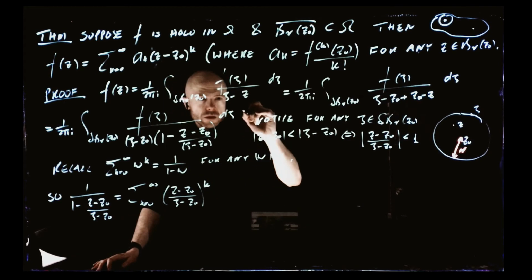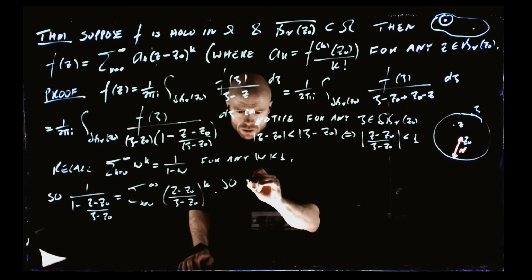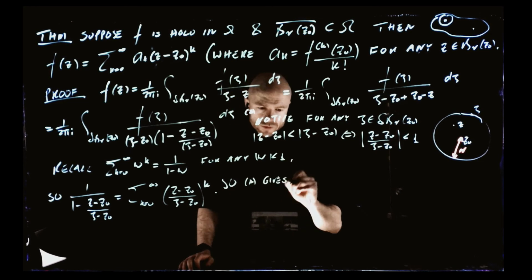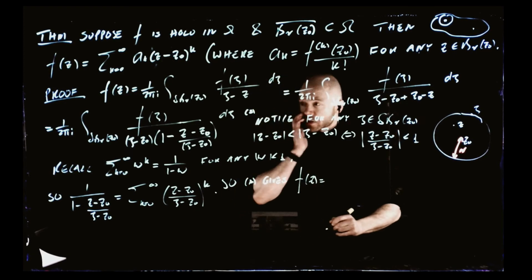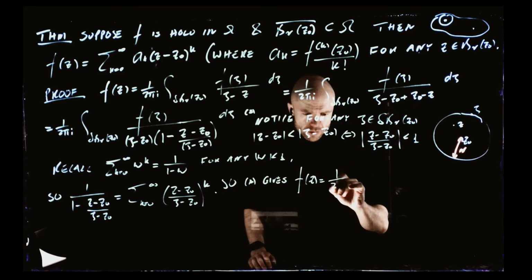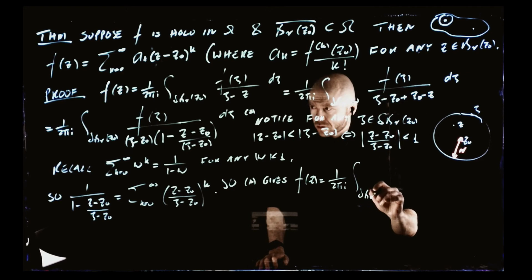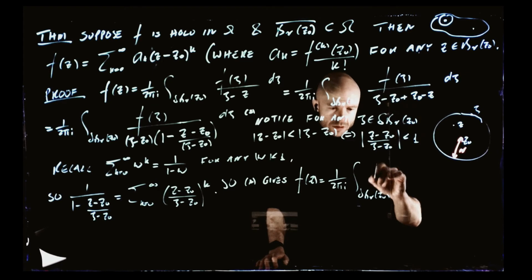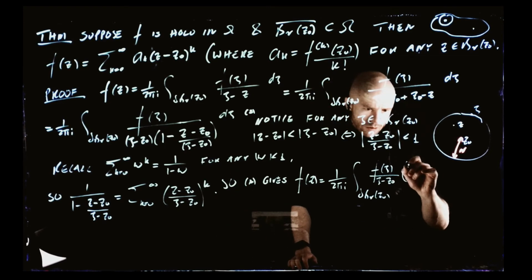Let's call this thing star. So star becomes that f of z is equal to 1 over 2 pi i times the integral around the boundary of the ball of radius r around z0 of f of zeta over zeta minus z0, and then this power series here.